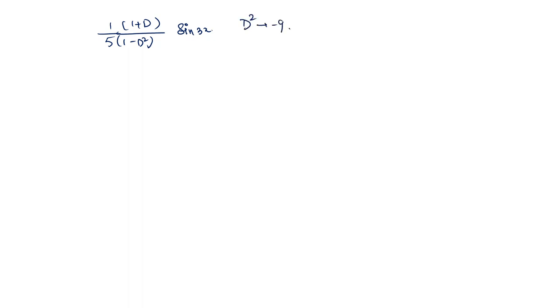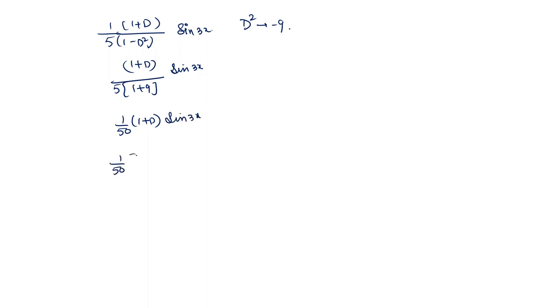Again, D square is replaced by minus 9. So it is (1 plus D) over 5 times (1 plus 9), sine 3x. Minus minus gives a plus. So it is 5 into 10, that is 1 by 50, (1 plus D) sine 3x. How could we solve it?